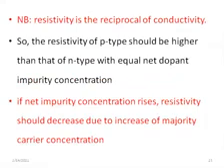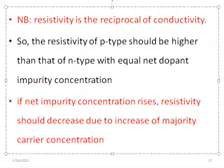We also need to remember that resistivity is the reciprocal of conductivity. Everybody knows this. So the resistivity of p-type semiconductor is expected to be higher than that of the n-type, because the mobility of electrons is more than that of the holes.